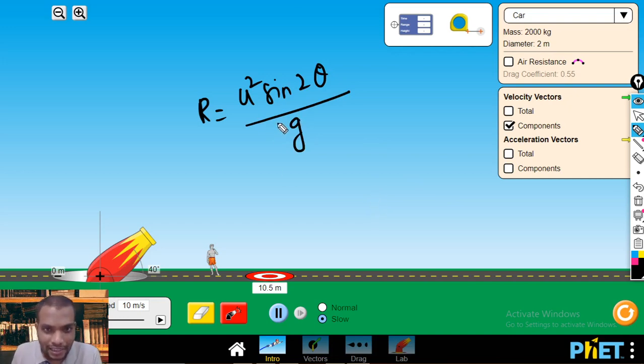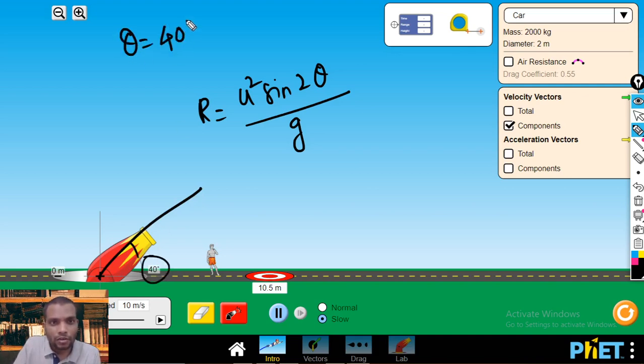Here the theta value we measured with respect to the x-axis. Right now you are seeing that theta equal to 40 degree. Now what happens if I measure the angle on the other side, with respect to the y-axis?